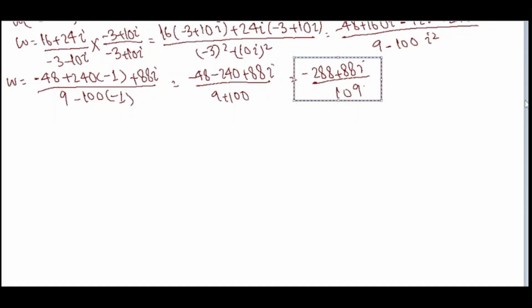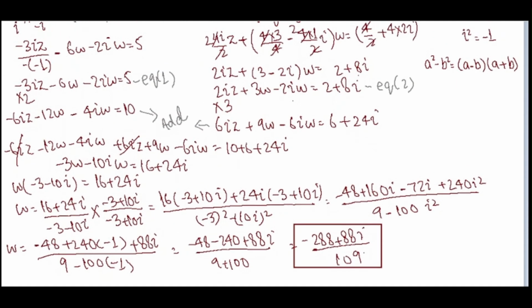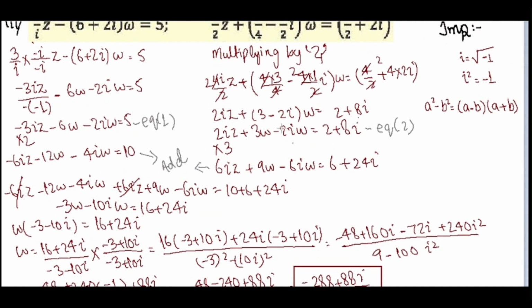To find the value of z, we are just going to put this value of w in any of these equations, 1 or 2. I guess 1 is easier because, no, 2 is also easier. No, 1 is easier because it only has 5 on its right side, but it has also a complex number in its right side.